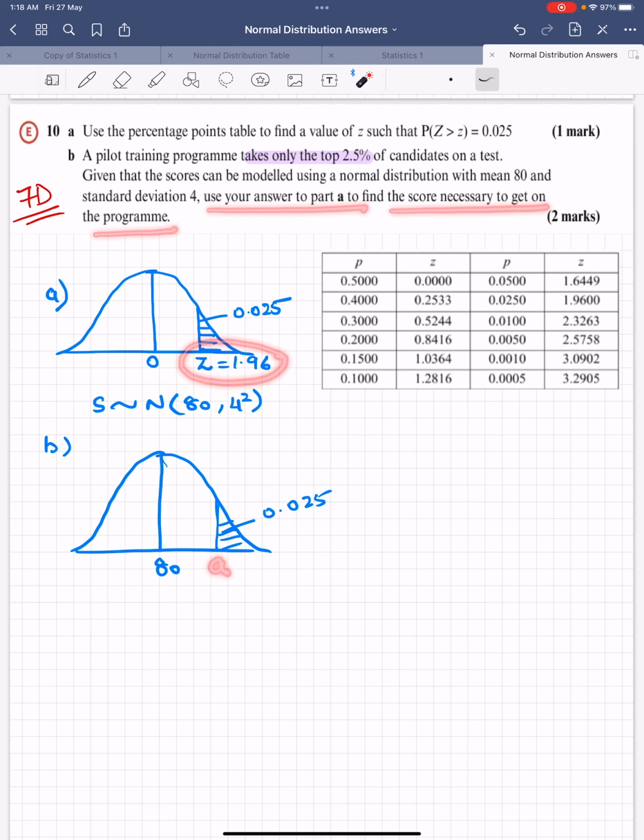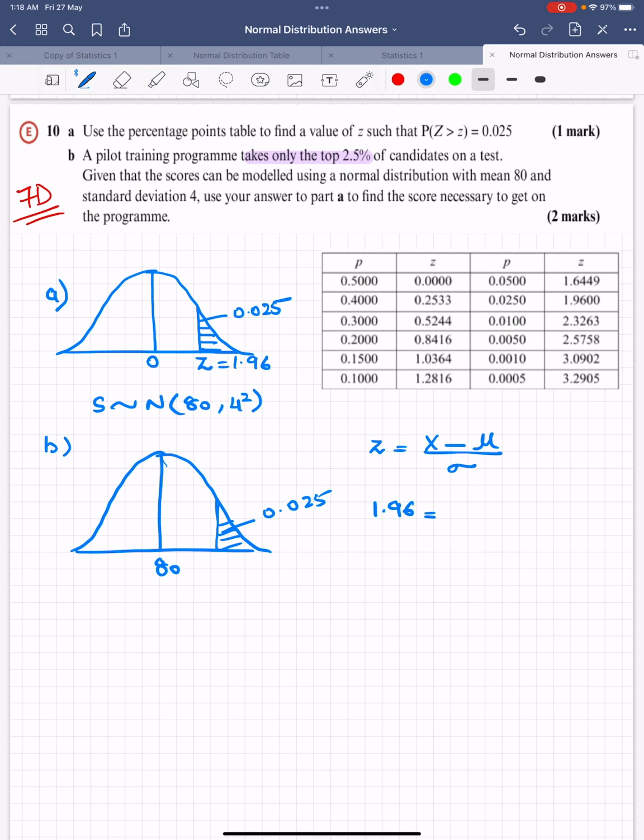So we know the formula is z value is equal to observed value minus the mean divided by the standard deviation. Z value is 1.96. Let us call the observed value A, minus the mean 80, divided by the standard deviation 4.